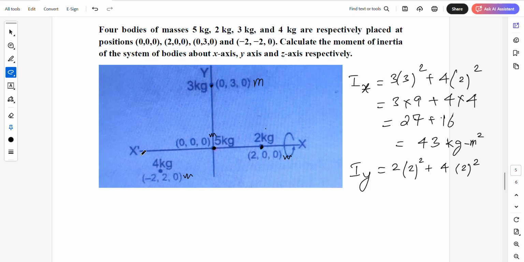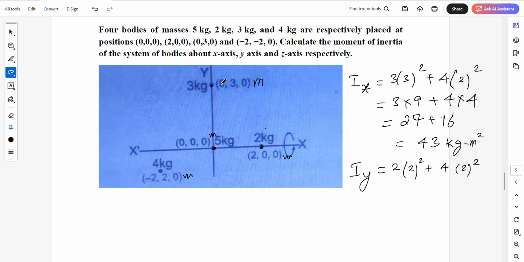When you consider the x-axis, these two masses are going to come, 3 and 4 that I have written here: 3 at a distance of 3 the whole square plus 4 into distance 2. Magnitude you should take.